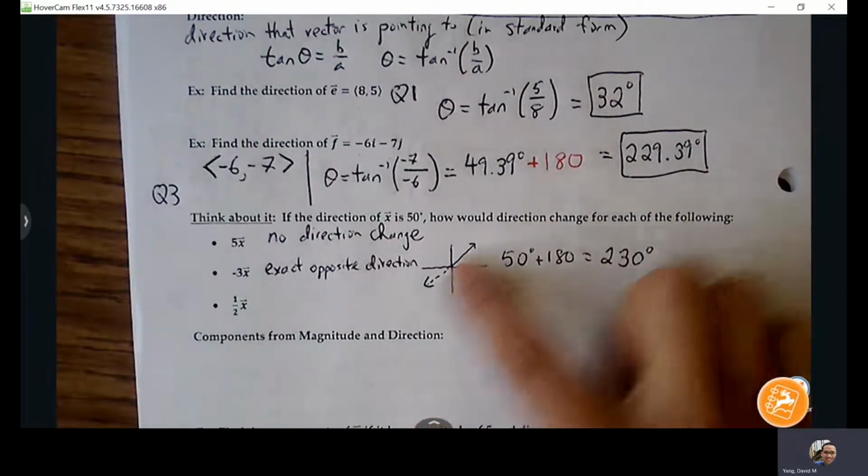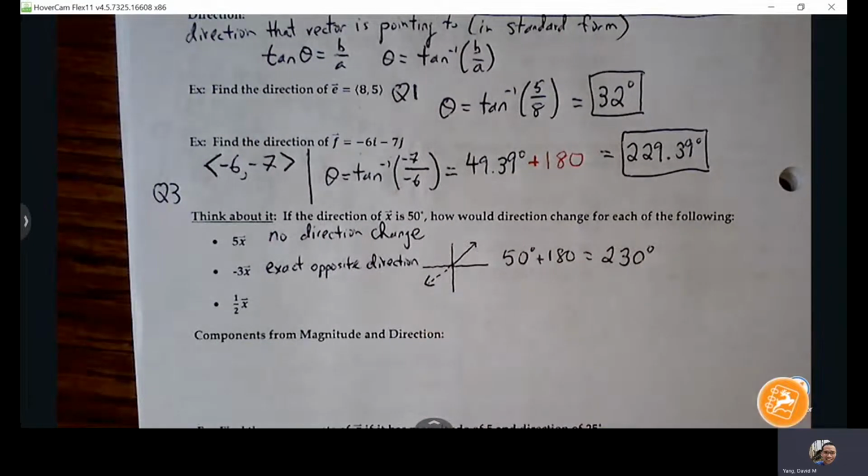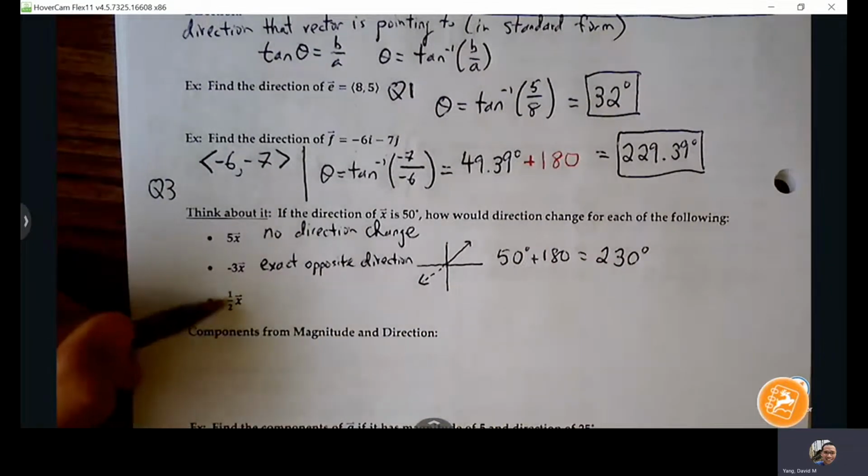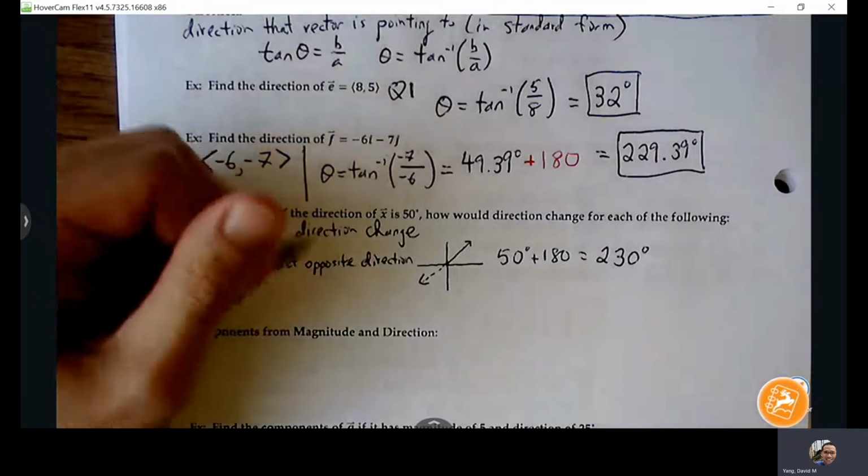Okay, it'll continue along that line, but it'll just be pointing the other direction. 1/2 x, there's no sign change, so no direction change.